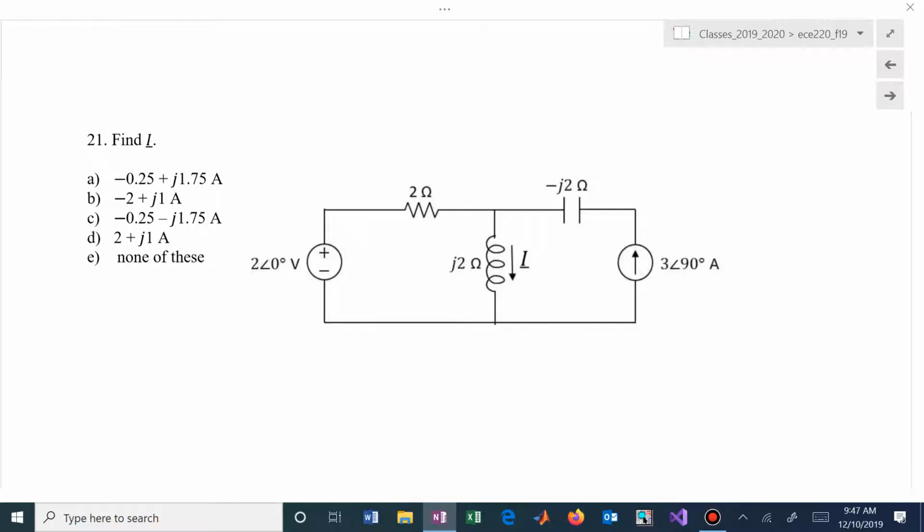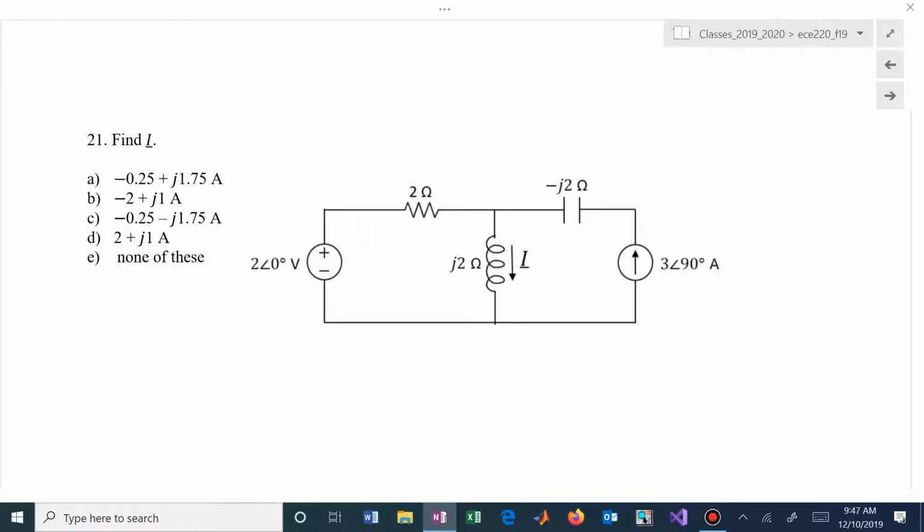Here they're asking you to find the current through that middle inductor. And again, the answer is going to be expressed in rectangular form. You may end up with it in polar. You'll just have to make sure you convert it into rectangular form and match it with one of the answers.